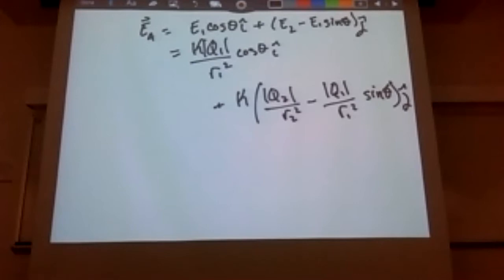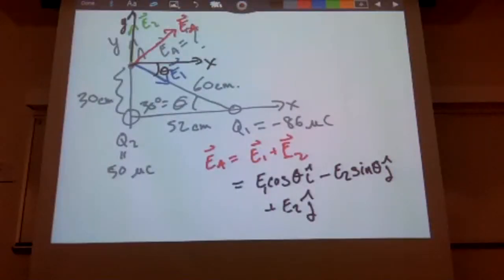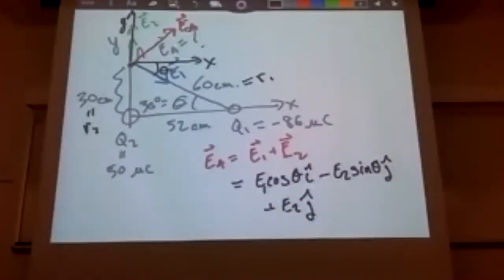Okay? So let me go back and just clarify what some things are. This distance of 60 is going to be R1. This distance of 30 is going to be equal to R2. Those are those distances. Everything's okay? Not too bad, right?